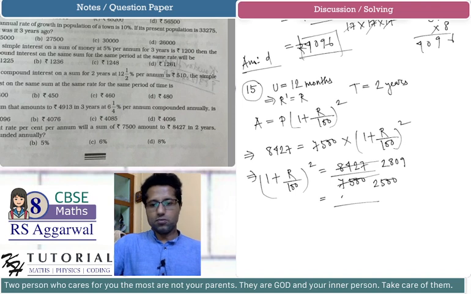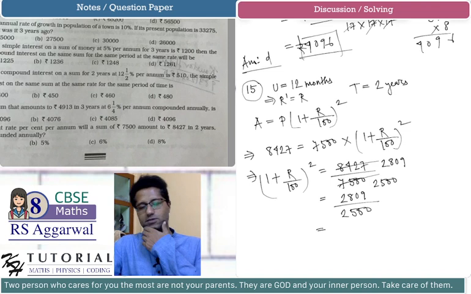So this is 2809 divided by 2500. Now 2500 can be expressed as a perfect square, that is, the square of 50. Now we also have to express 2809 as a perfect square.